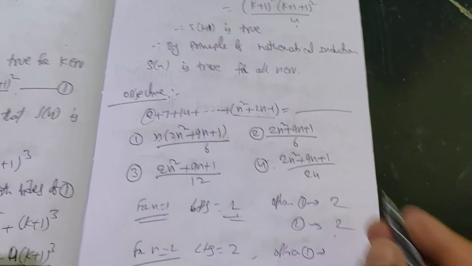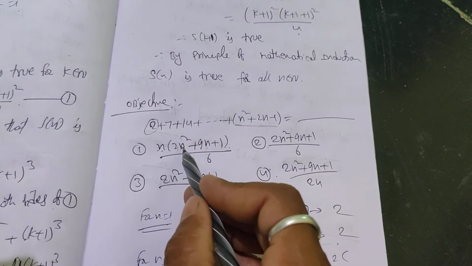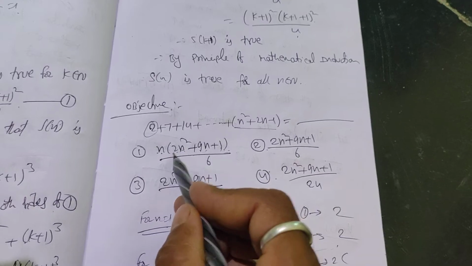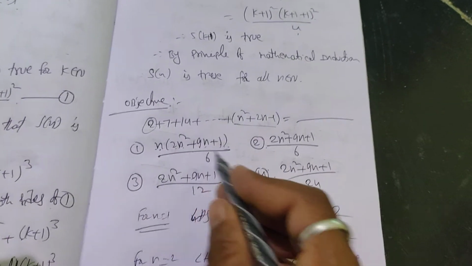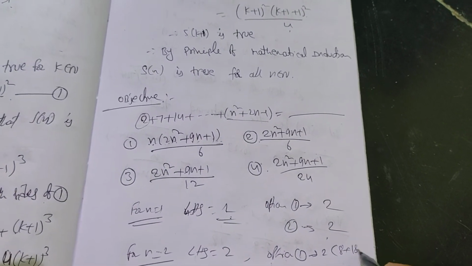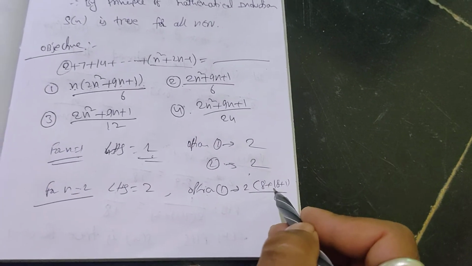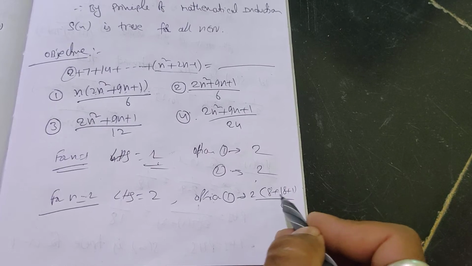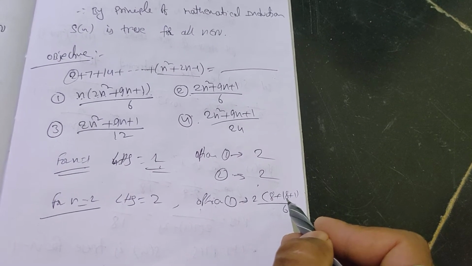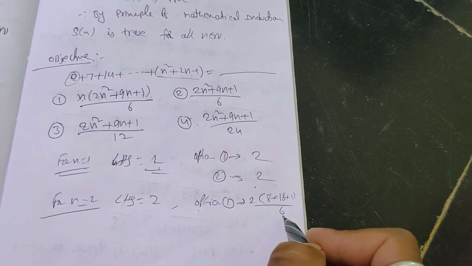What is it? 2 into 2 square, that is 2 into 4, 8, plus 9 twos are 18, plus 1, by 6. So 8 plus 18 plus 1 is 27, by 6.